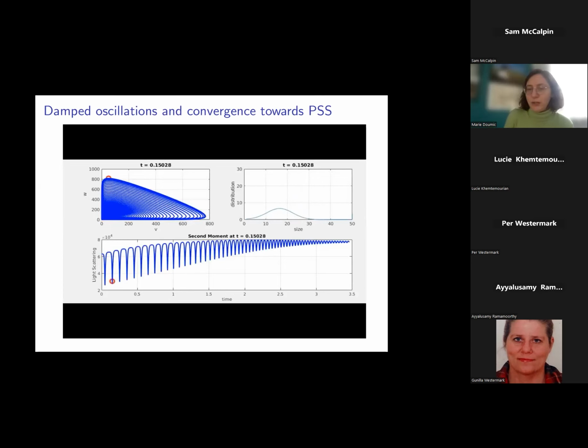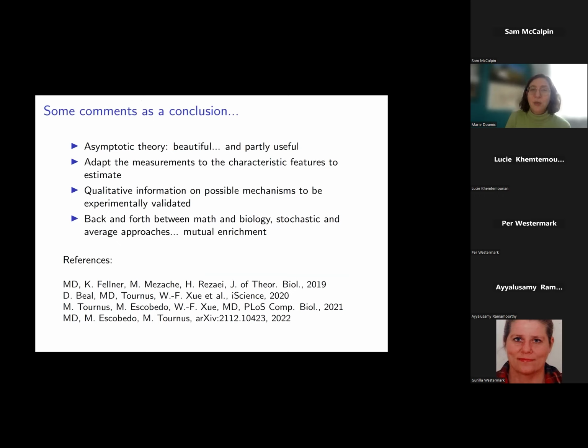So as a conclusion, I would simply comment a little bit saying that we have to adapt what we are looking at, asymptotic theory, as I showed you at the beginning, to estimate the parameters of the fragmentation. It's a beautiful theory. It's partly useful, but only partly. So we cannot use it systematically. And now there is this idea of using the short time measurements. So we really need to adapt our mathematical theory first to what we want to estimate.